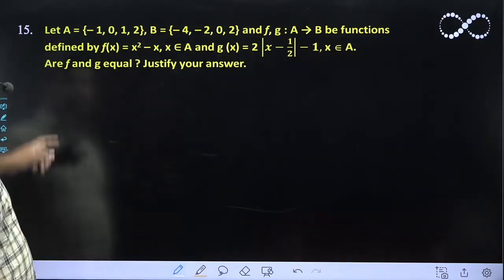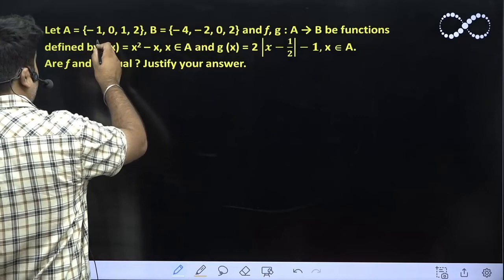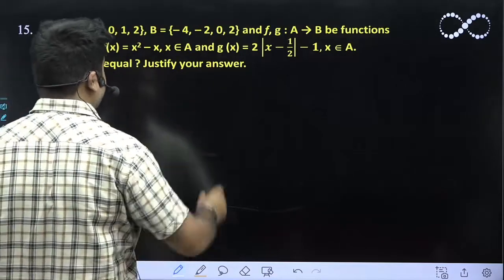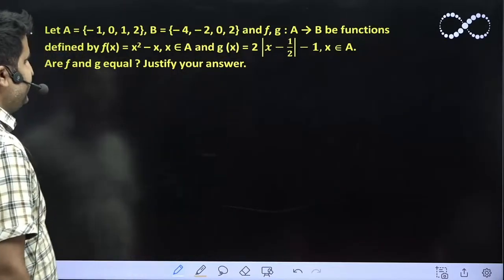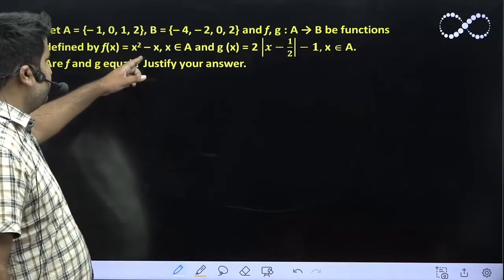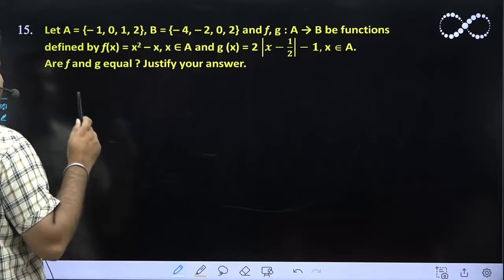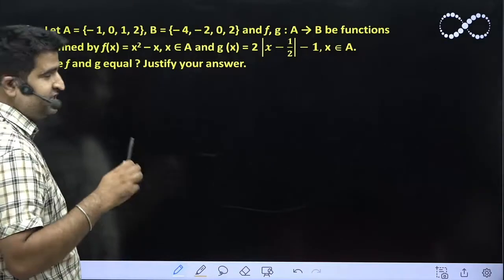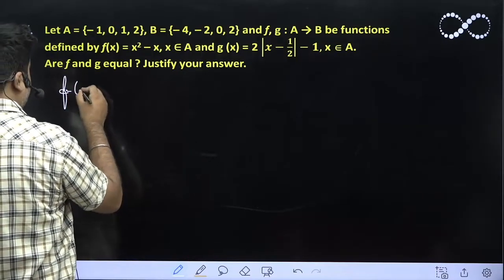In this question, it is written that A is the set minus 1, 0, 1 and 2 and B is this set minus 4, minus 2, 0 and 2. And f and g are two functions defined from A to B such that f of x is x square minus x and g of x is this. We have to see whether f and g are equal or not. So first we'll check with f of minus 1.